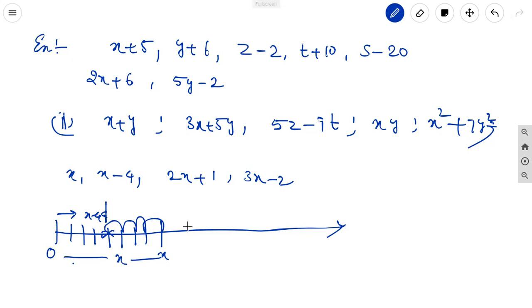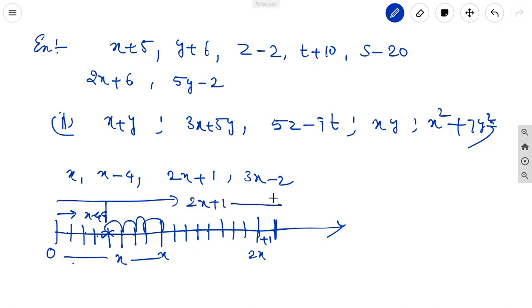Next, 2x plus 1. 1, 2, 3, 4, 5, 6, 7, 8, and again 1, 2, 3, 4, 5, 6, 7, 8. So it is the 2x. And again we take plus 1. This total expression is 2x plus 1.